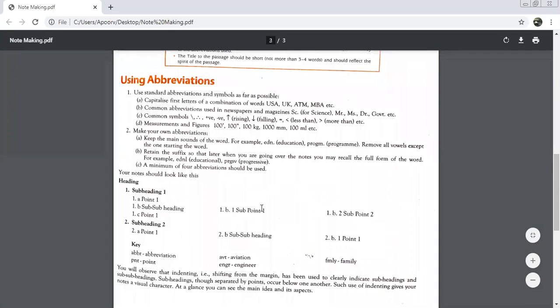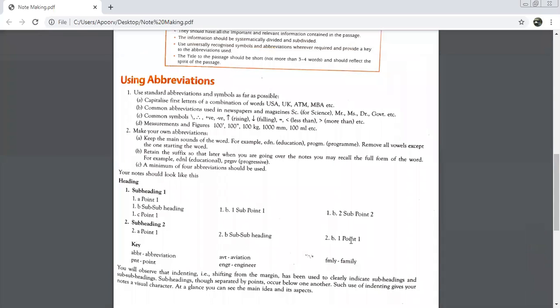When you do this, don't write subheading, subpoint 1, subpoint 2. You have to simply write these numbers: 1, 2, then 1A, 1B, 1C, 1B.1, 1B.2, 2B and 2B.1. This is how we do it.